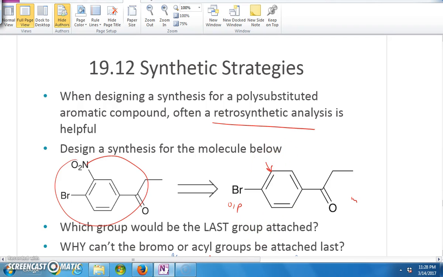And we know that the nitro group can be put here because this is an ortho-para director, while this is a meta director. So this will direct it over here.